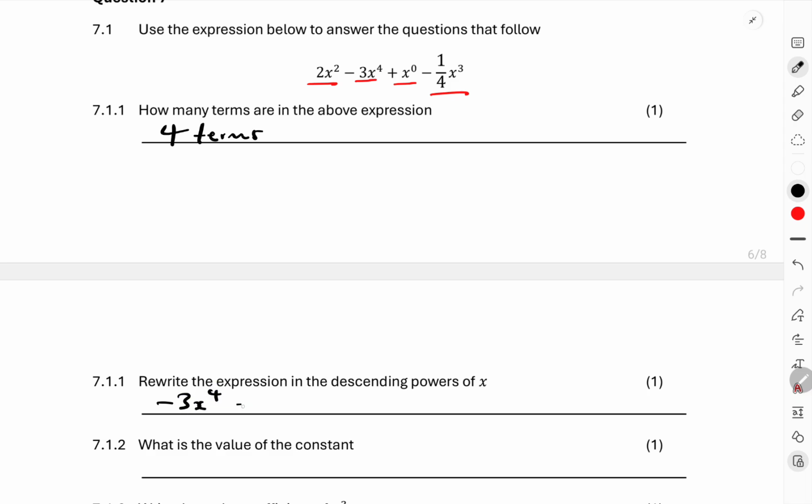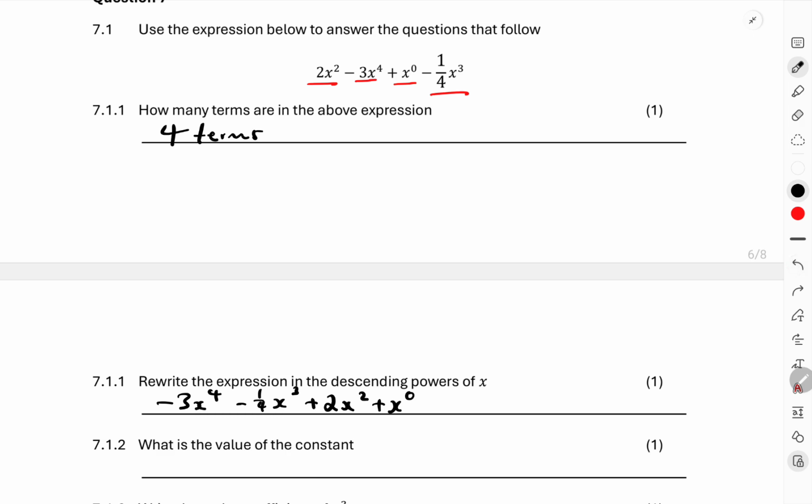After that, I'll have negative 1 over 4 x to the power 3. Then after I'll have plus 2x squared plus x to the power of 0. Descending powers of x means from the highest power of x to the lowest power of x. Therefore, the highest is 4, followed by 3, followed by 2, followed by 0. Right? Those are the descending powers of x.